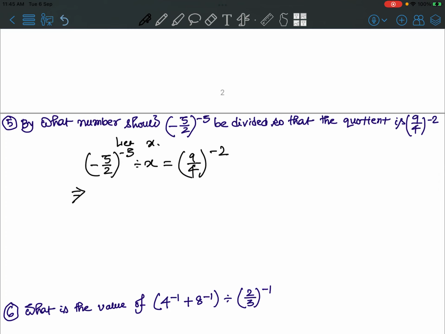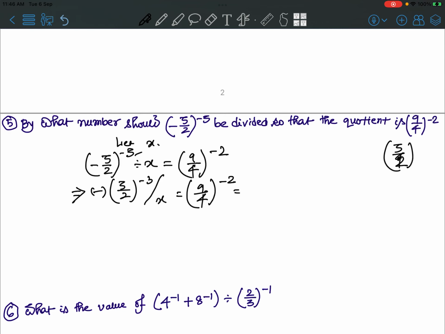Now as the power is odd, the minus will come out of the bracket, that means minus of 3 by 2 to the power of minus 3 divided by x, equals 9 by 4 to the power of minus 2. We can write 9 by 4 as 3 by 2 whole squared. How? By factorization, we can write 9 as 3 square and 4 as 2 square, then whole to the power of minus 2.